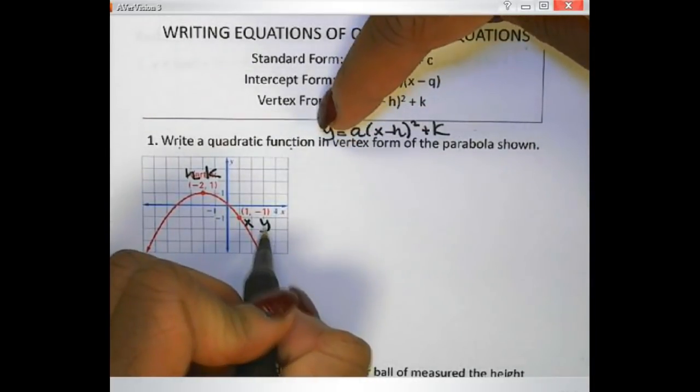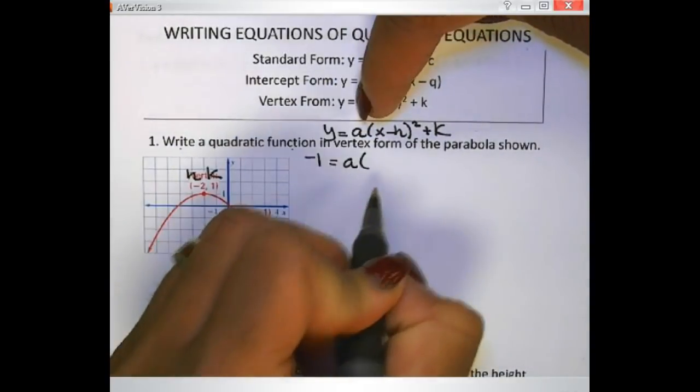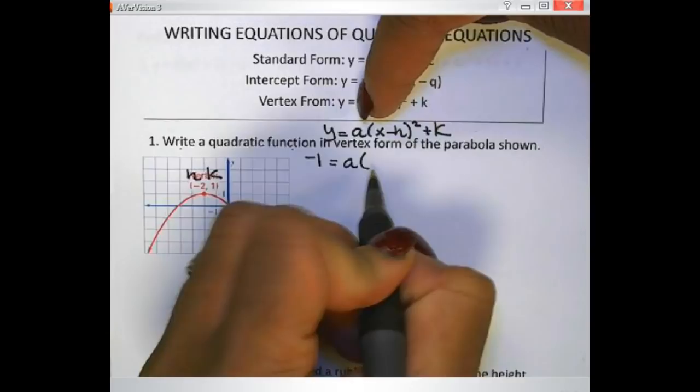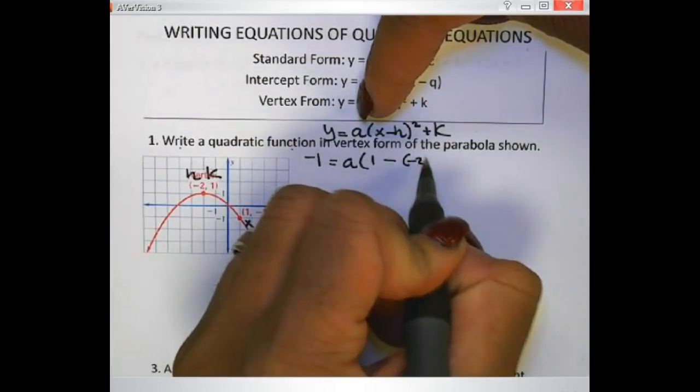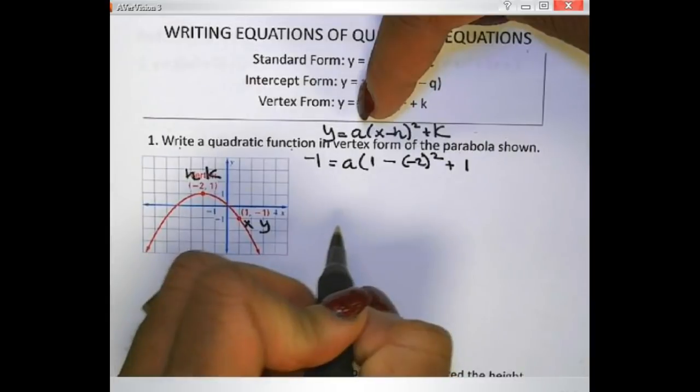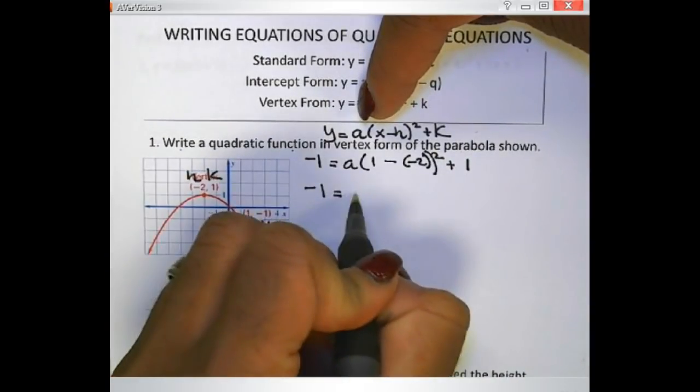So instead of y, I'm going to write -1 equals a times (x was 1, minus h, which is -2) squared, plus k, which is 1. I will simplify, and then I will solve for a.